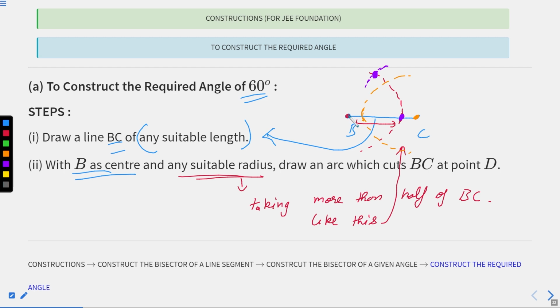So this whole angle is my 60-degree angle. I hope this is clear.